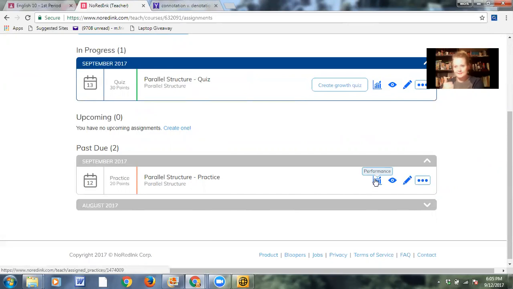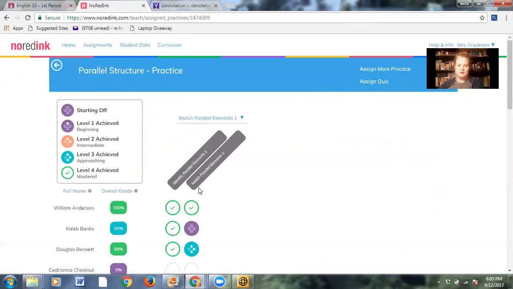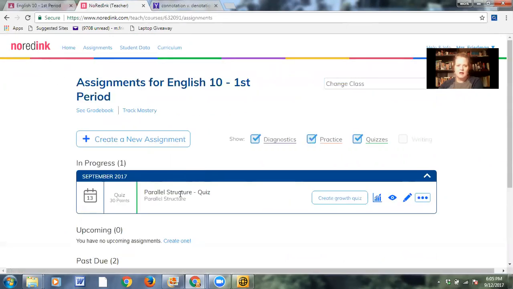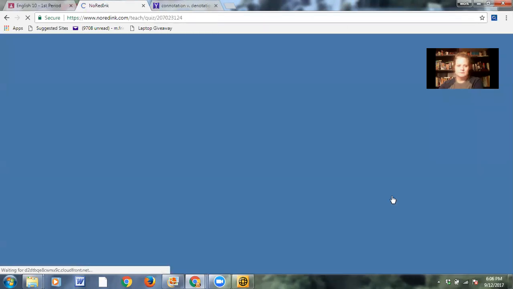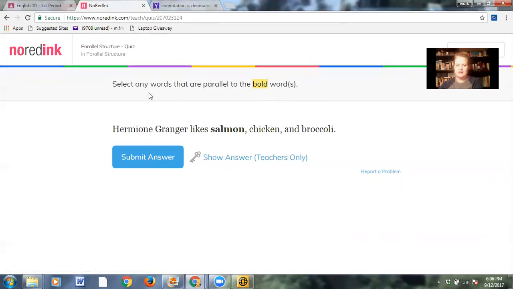If you got it, then you can go ahead and fast forward a little bit, okay? All right, so I'm going to take a look here. We're working on parallel structure, and that's not what I meant to look at. I want to look at a preview. All right, so this is probably what your screen looks like.